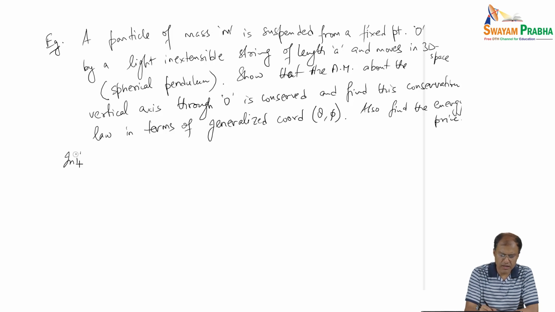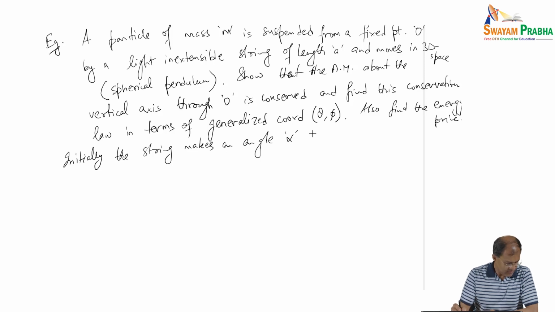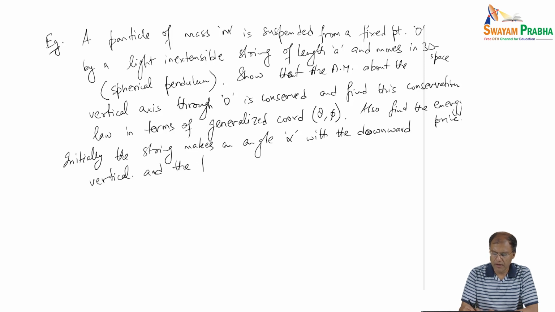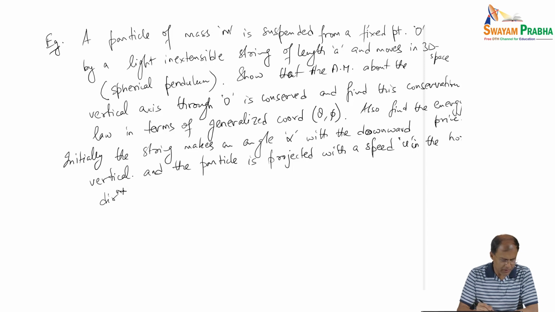So initially the string makes an angle alpha with the downward vertical, and the particle is projected with a speed u in the horizontal direction, perpendicular to the string.